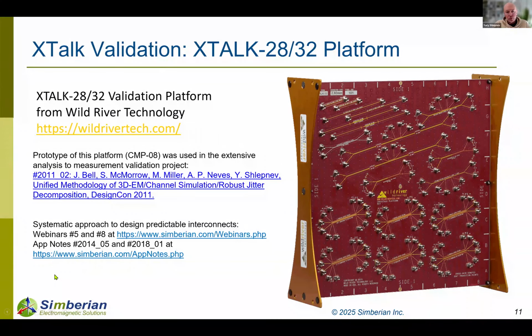It's called Sync-O-Swim approach, and there are a couple of webinars on this, including some platforms from Wild River and application notes as well. So it's a systematic approach where you do certain steps, like identify material properties on the basis of a couple of transmission lines. It includes dielectric and conductor roughness models. And then identify adjustment during the manufacturing with a cross-section.